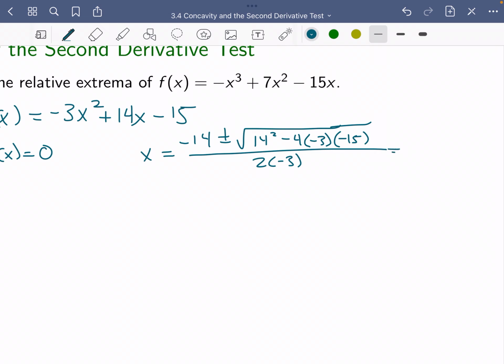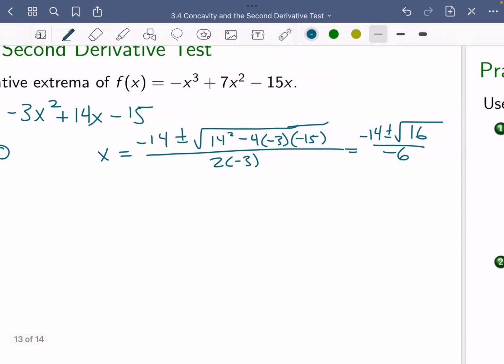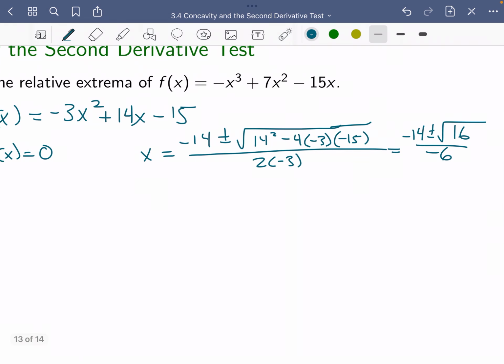And if we do that, we get negative 14 plus or minus the square root of 16, over negative 6. And so x is 5/3, or x is 3.